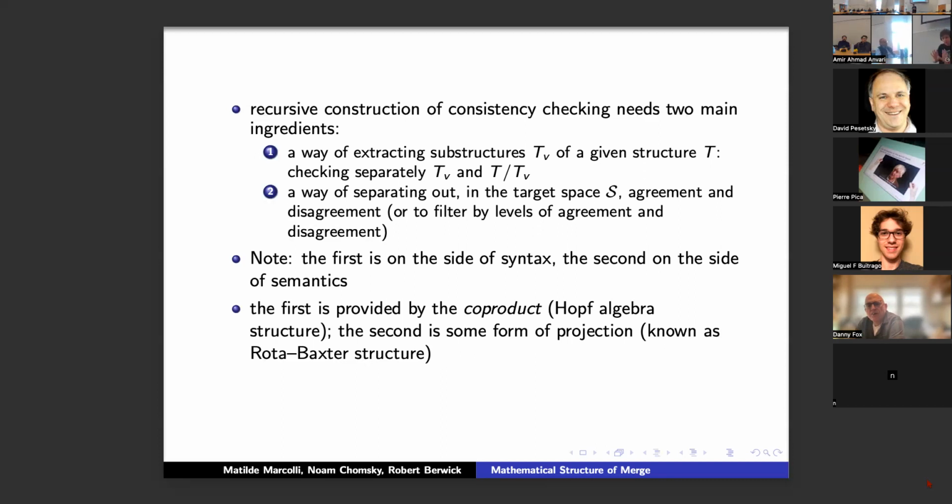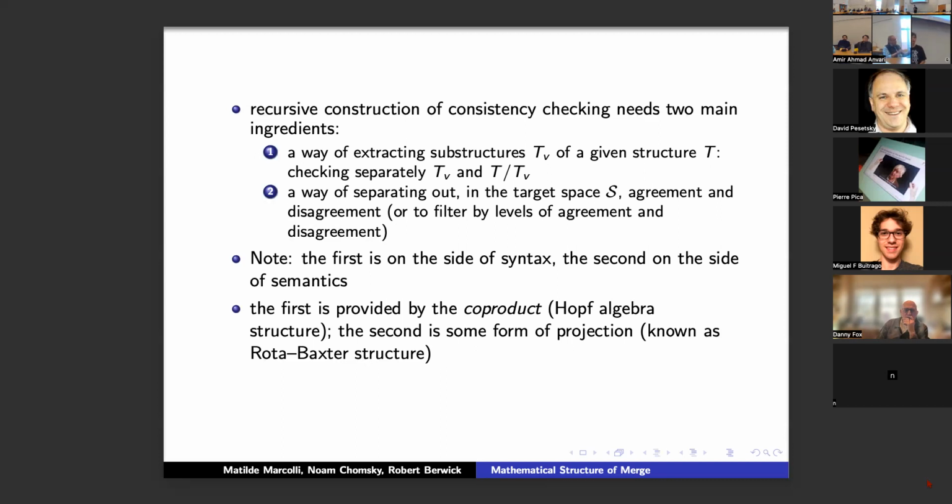All right, so with this setting, these are the two things in your construction. As I said, the first one is the Hopf algebra structure, which we already know. What is the second one?